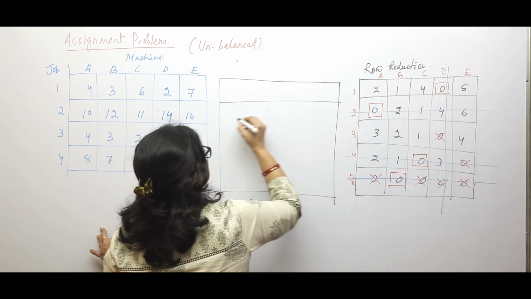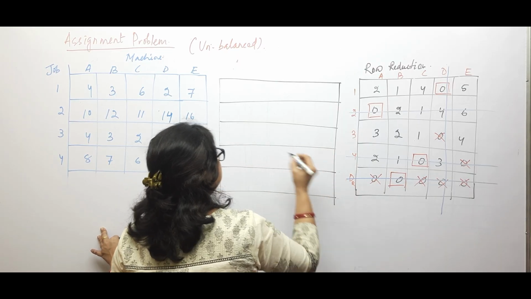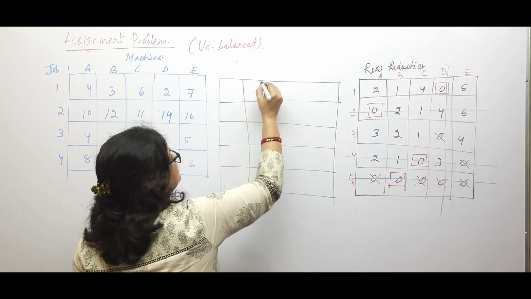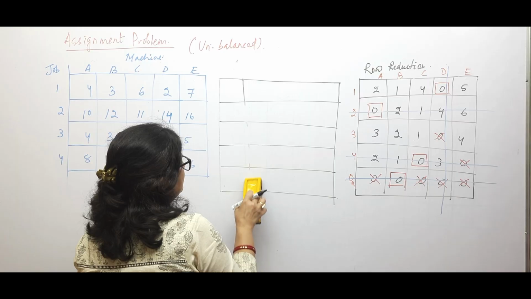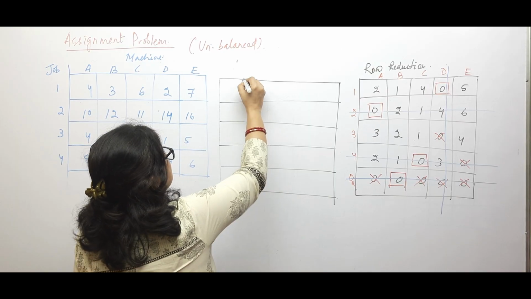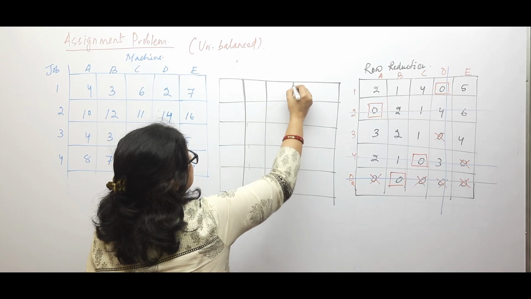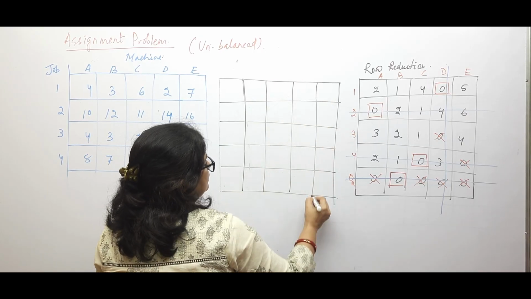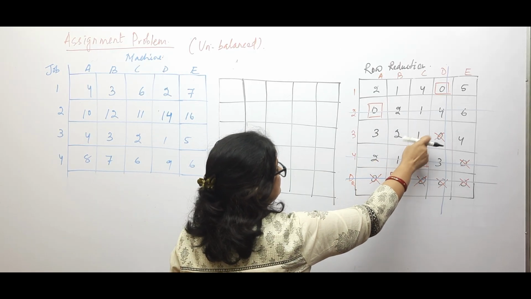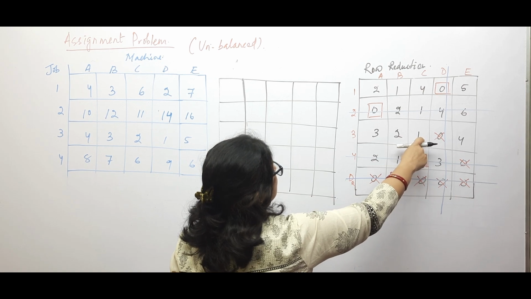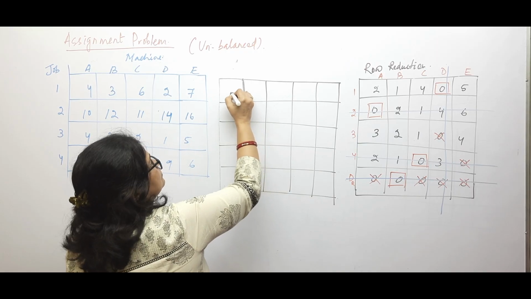This is 1, 2, 3, 4, 5, 1, 1, 2, 3, 4 and 5. So the minimum cost or the least cost is 1. 1 will be subtracted from this cell, like 2 minus 1, 1.